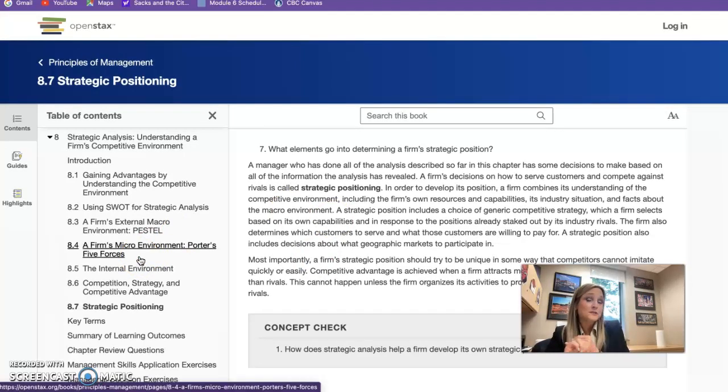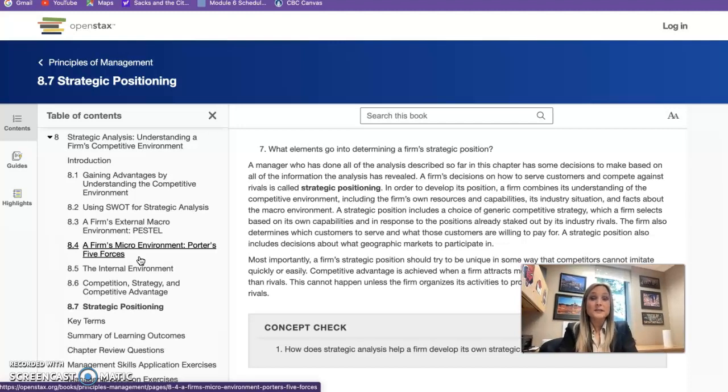The V is valuable: does the resource or capability generate value? Is it rare among firms in your industry? Is it difficult to imitate? Because if not, somebody will, for sure. And then the organization: how are you organized to capture value?